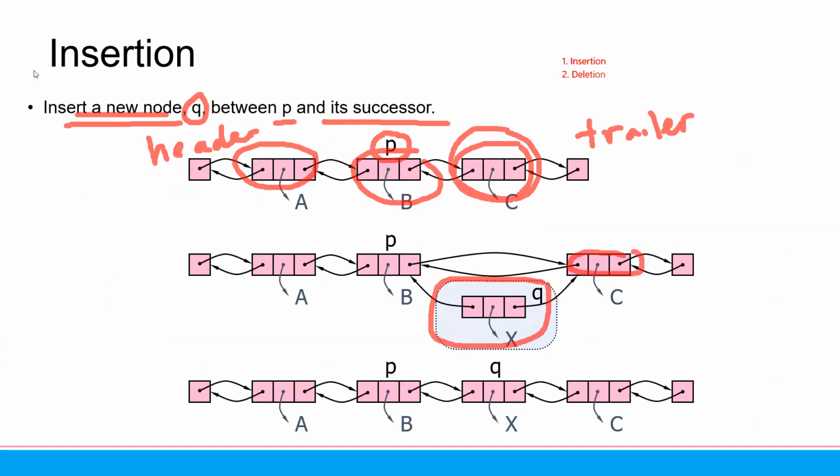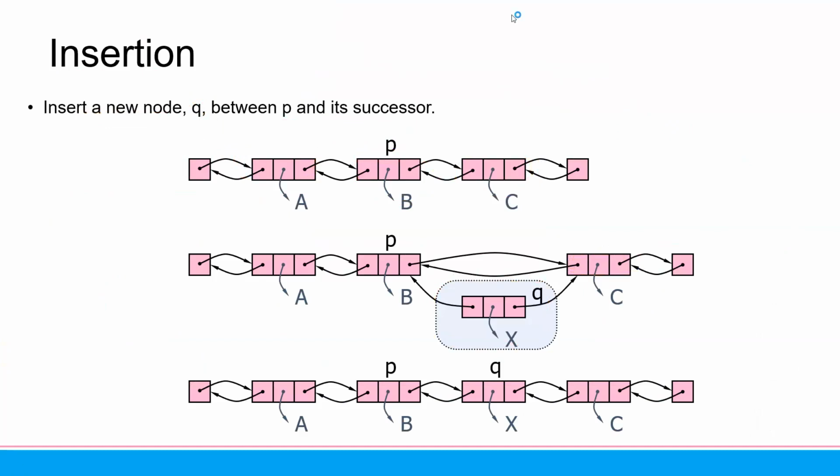The idea is to make the new node. After we have this new node, we will update the connections. A is the element, and this is the previous connection, and this is the next connection.